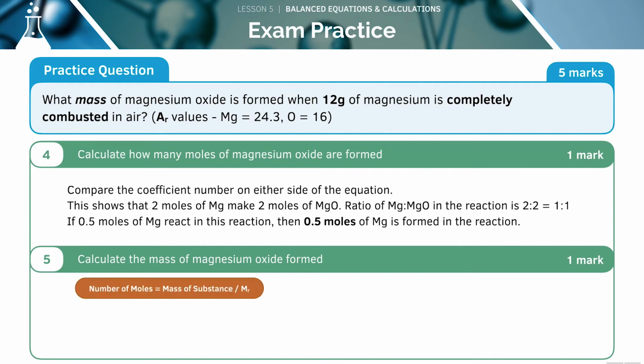We can now calculate the mass of magnesium oxide formed. Again, we can use the equation moles equals mass over Mr. So in this case, it would be equal to 0.5 divided by 40.3, giving us 20.15 grams.